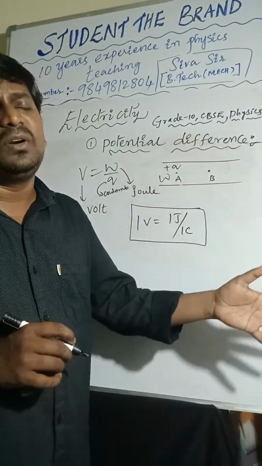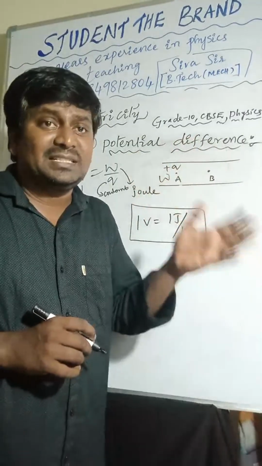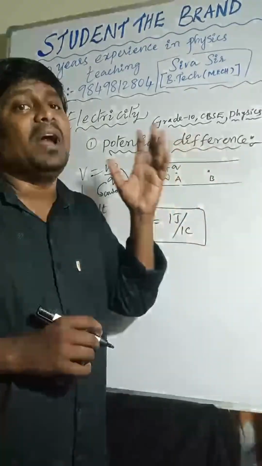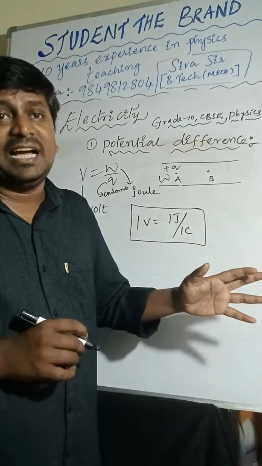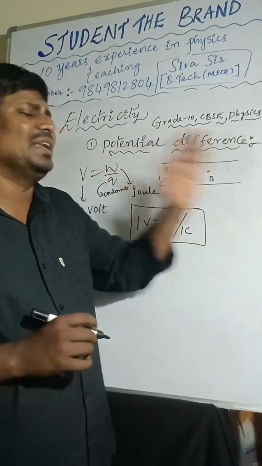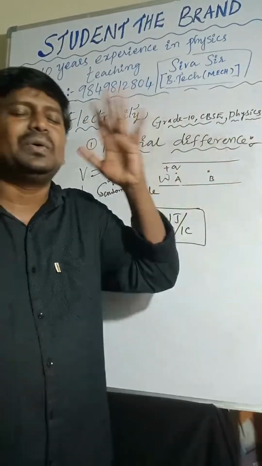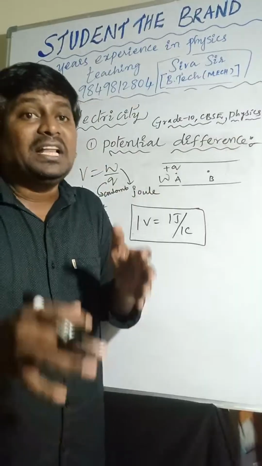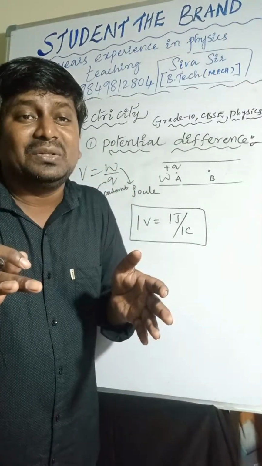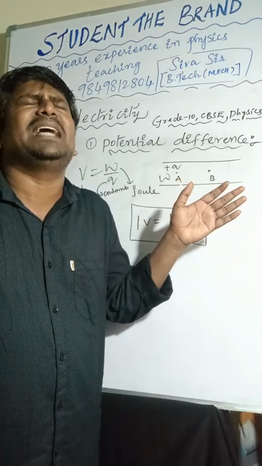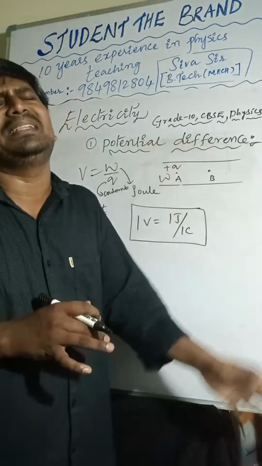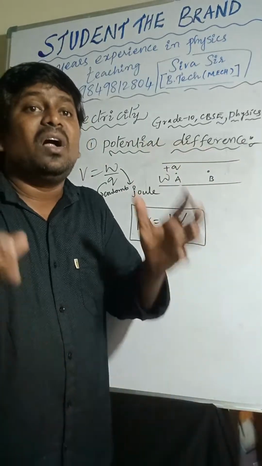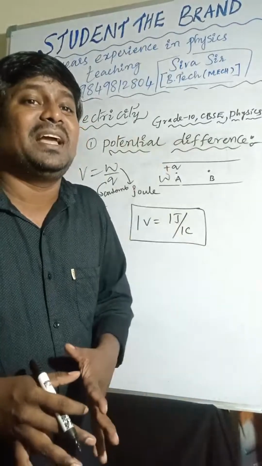1 volt equals 1 joule of work done to bring 1 coulomb of charge from one point to another point. 1 volt is defined as 1 joule of work done to bring 1 coulomb of charge from one point to another point. This is called potential difference.